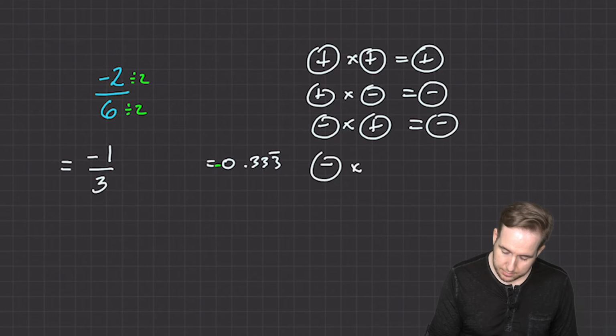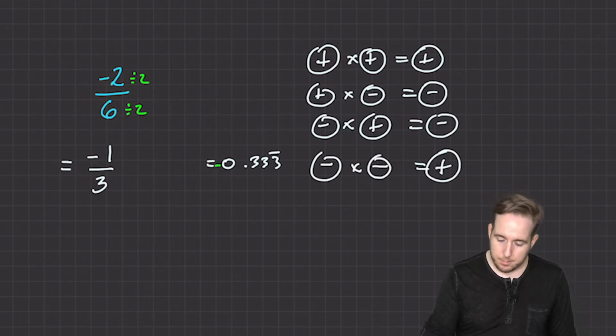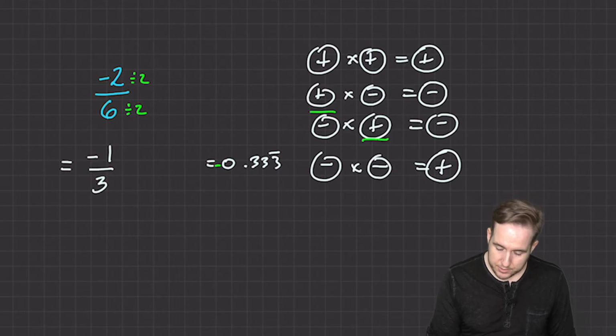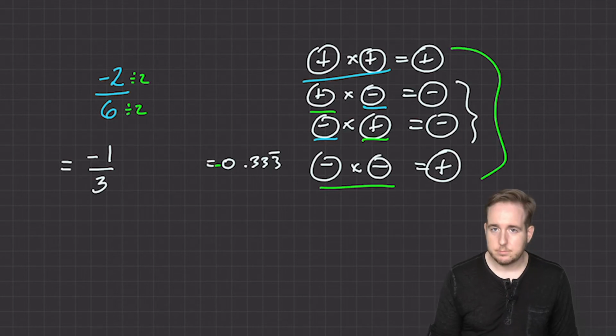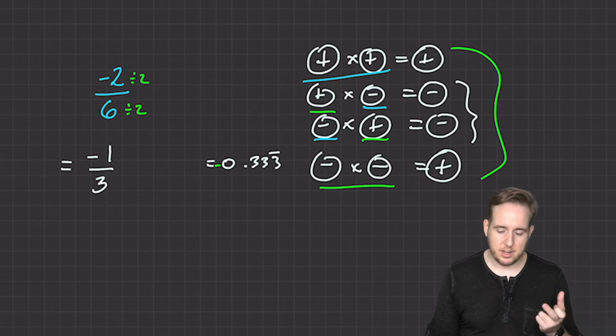And a negative times a negative is a positive, which you can remember as: if they are opposite, you get a negative, and if they match, then you get a positive. So same sign gives a positive, opposite signs gives negative.